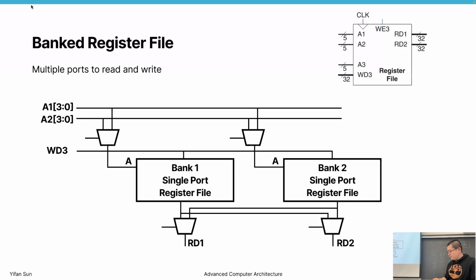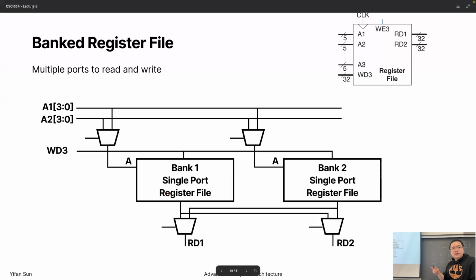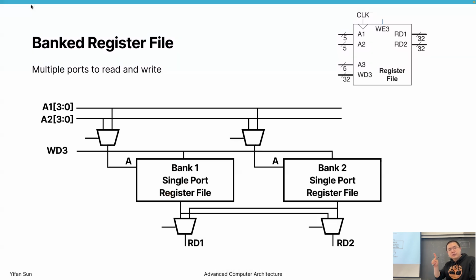Okay. So this is more like what happens in a GPU: if you're lucky, you can get the register within one cycle. If you're not lucky, you may take 2 cycles to get your registers. It really depends on what registers you are reading. If you're reading 2 registers that are actually coming from the same bank, and your reads have to be serialized, this is a terminology called bank conflict.